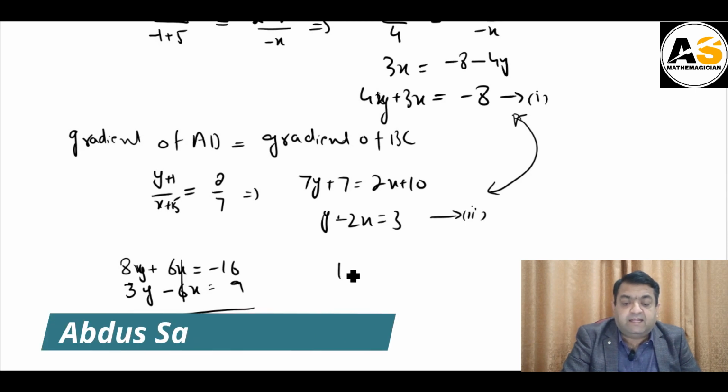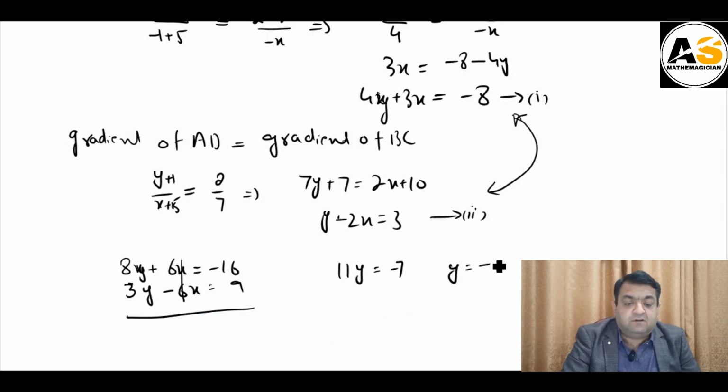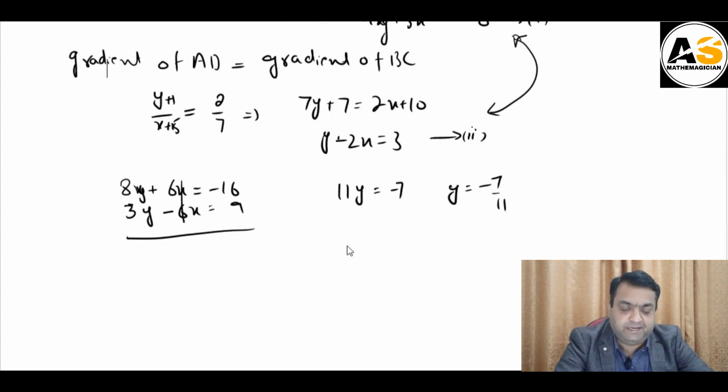When I add them, I will get 11y is equal to -7. y is equal to -7/11. And by putting this value in any of these equations, I can get the value of x, hence the coordinates of D.